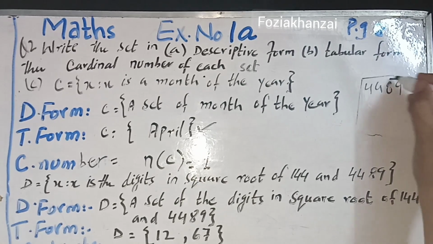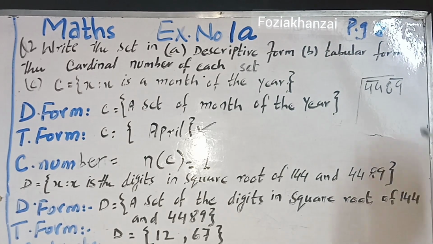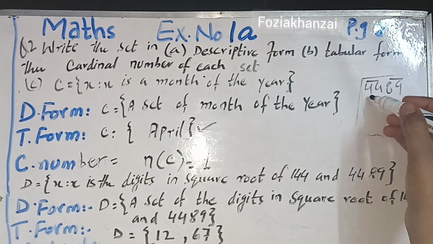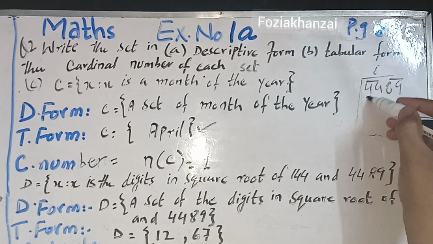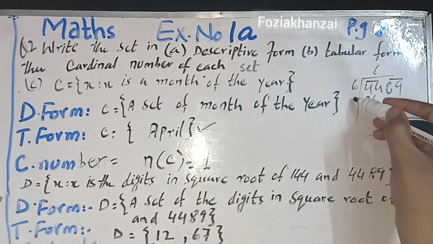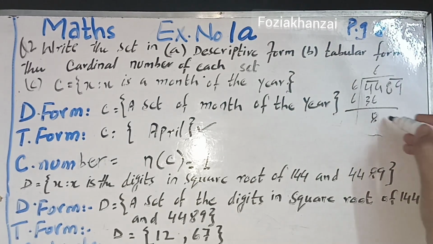Now I take out the square root of 4489. First we make pairs, from right to left. 5 fives are 25, 6 sixes are 36, 7 sevens are 49. 49 is a bigger number, so we take 6 sixes are 36. Now the divisor: 44 minus 36 is equal to 8 left. Copy down 89.